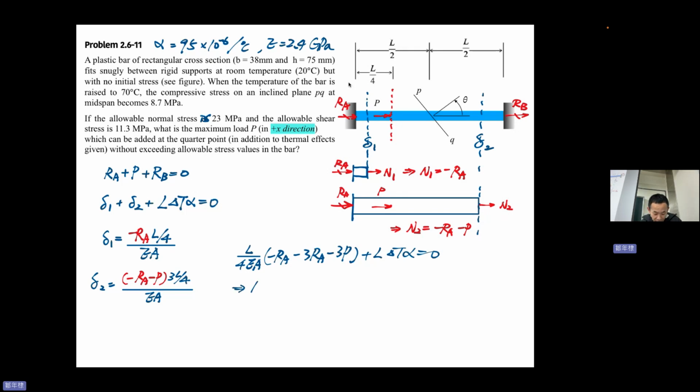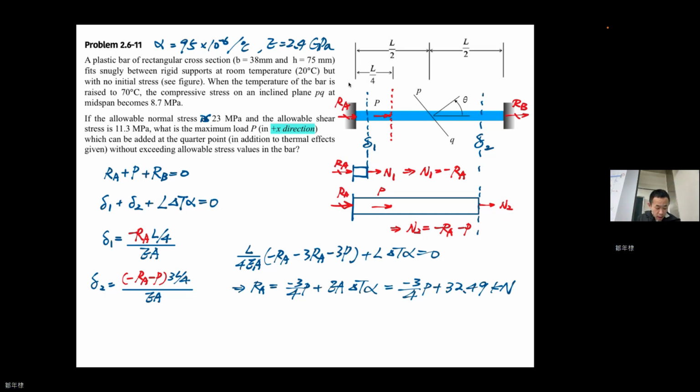So RA indicates minus 3/4 P plus EA delta T alpha, equal to minus 3 divided by 4P plus EA delta T alpha. Okay, so your RA looks like that. So now we can have RA.